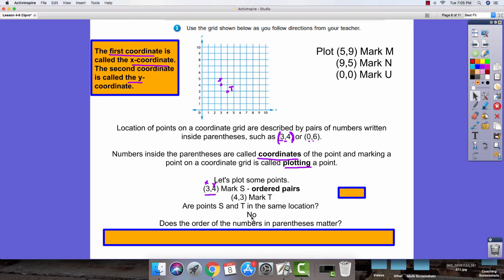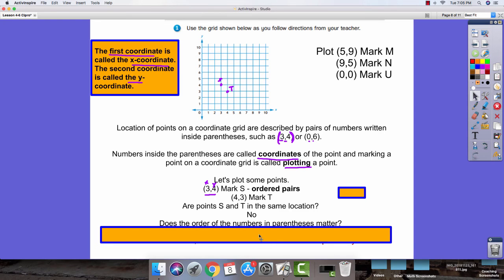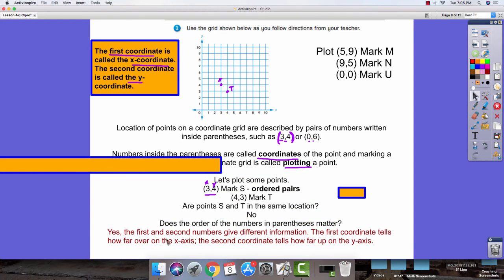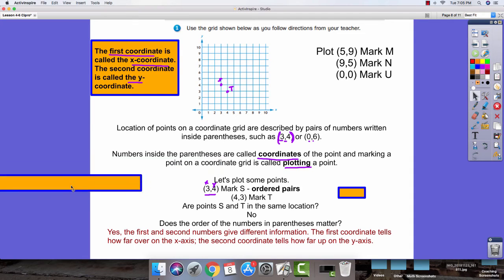All right, let's look at this next question then. Does the order of the numbers in parentheses matter? Well, yeah, they do. So yes, the first and second numbers give different information. The first coordinate tells how far over on the x-axis. So in the ordered pair 3, 4, we had to go over 3 on the x. And then the second coordinate tells how far up on the y-axis. So then we had to go up 4.